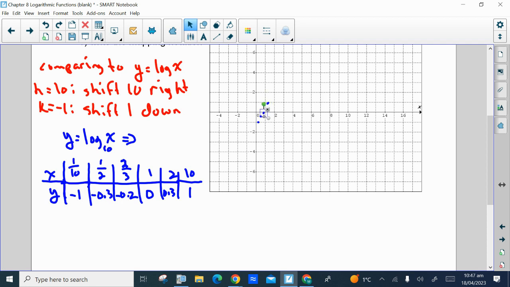I've got one point that I've got to move a little bit. There we go. When x is 2, y is 0.3. And when x is 10, y is 1. So we know that this graph will have the y-axis as the vertical asymptote.